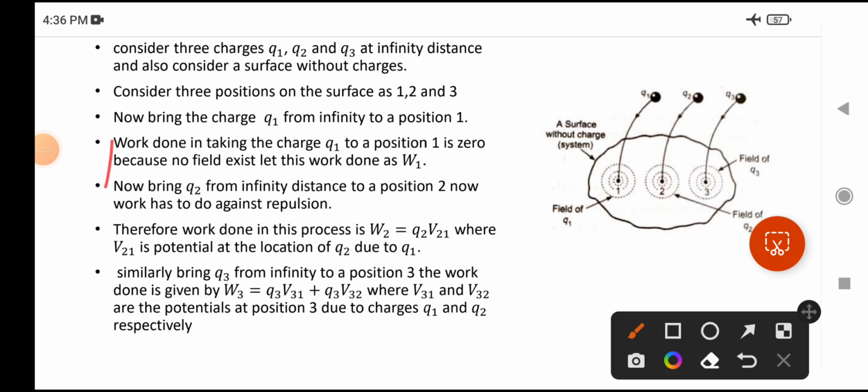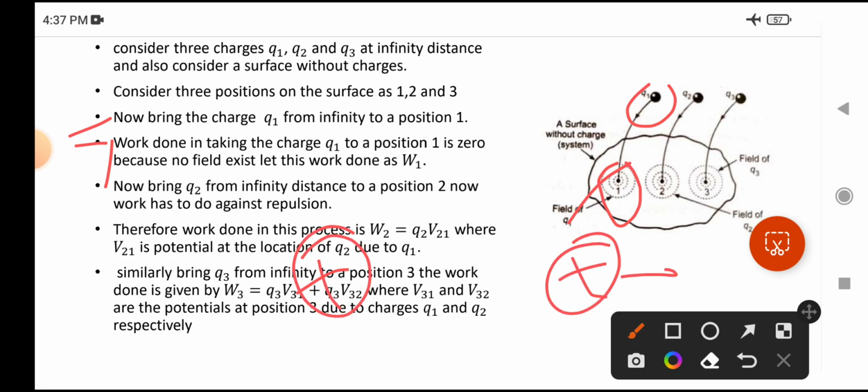Work done in bringing the charge q1 from infinity to position 1. So bring the q1 charge from infinity to here. Work done in taking charge q1 to position 1 is 0. Why is it 0? If there is one charge and we bring another charge from a certain distance to it, then work has to be done against its repulsion.